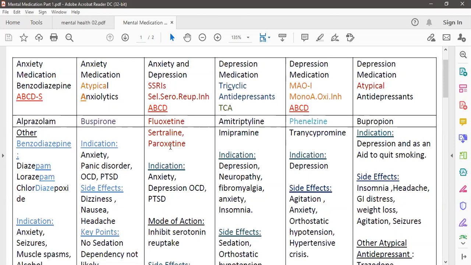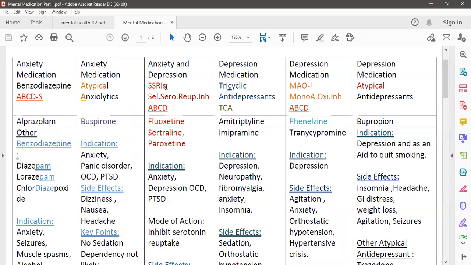A common question NCLEX board asks: SSRI and monoamine oxidase inhibitor never ever give together. So keep in mind, all SSRIs can cause serotonin syndrome, which is a side effect, or serotonin overload if too much of the drug is given.